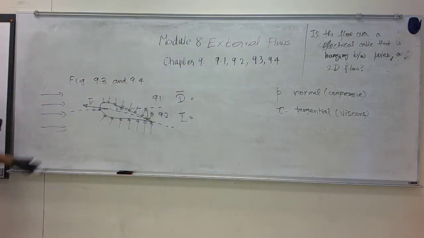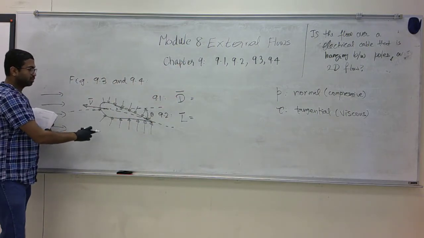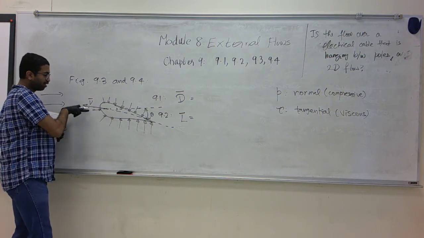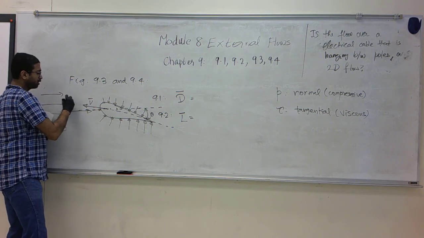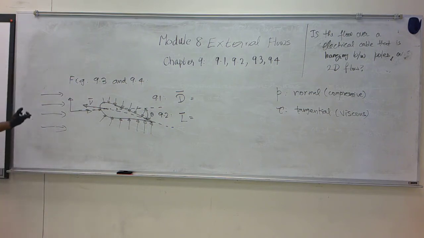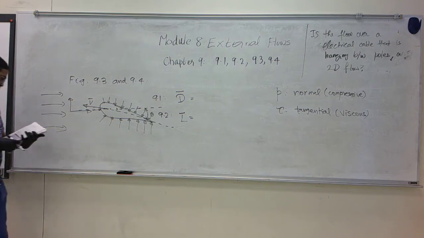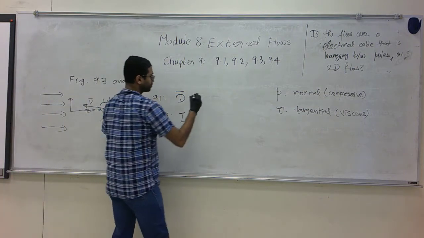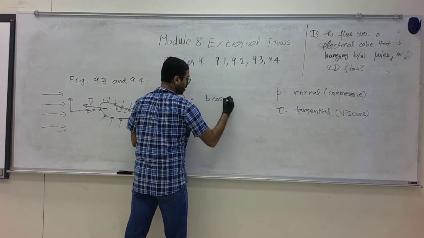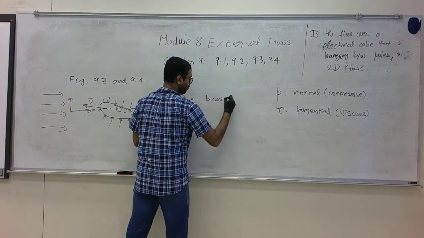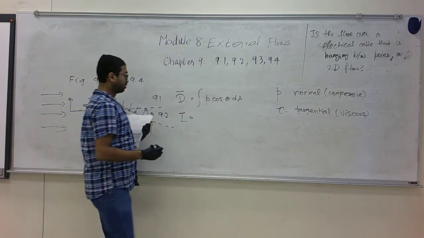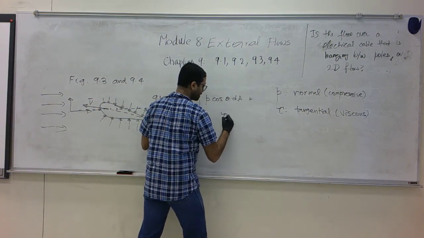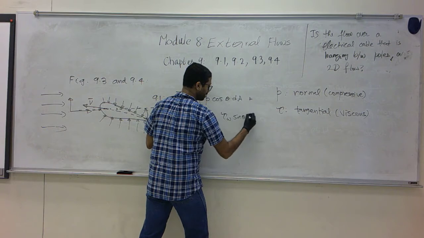By integrating the pressure distribution and the shear distribution and resolving it along the direction of fluid flow and perpendicular to the direction of fluid flow, our reference directions, we can calculate the drag and lift force, which are given to be the integral of P cos theta dA plus the wall shear sin theta dA.